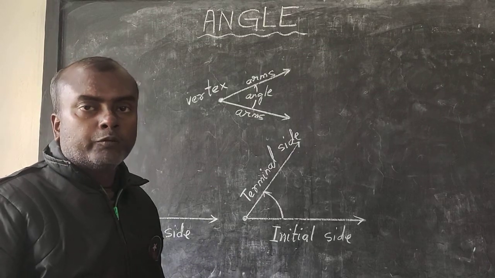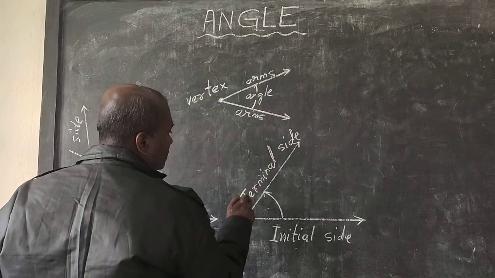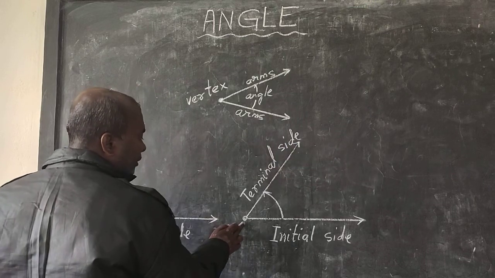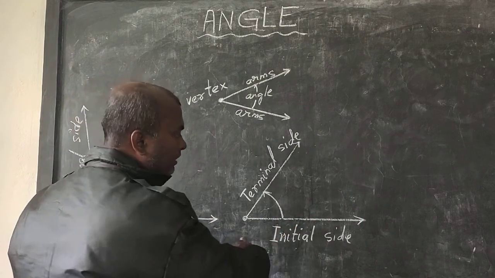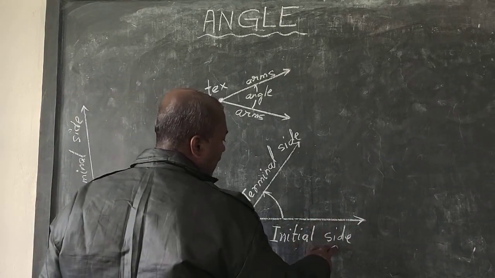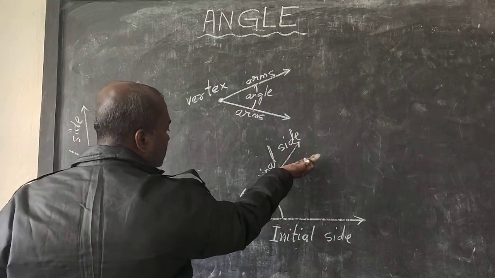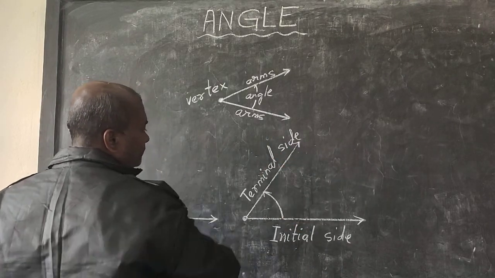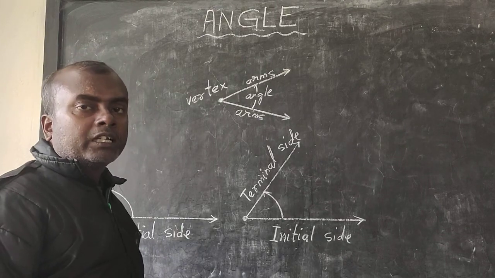So the value of an angle depends on how much this terminal side rotates about this vertex. The initial side, or you can say initial arm of the angle, remains fixed. It is this particular arm which rotates. And how much rotation is there? That much is the value of the angle.